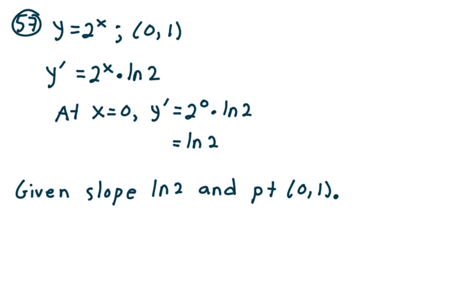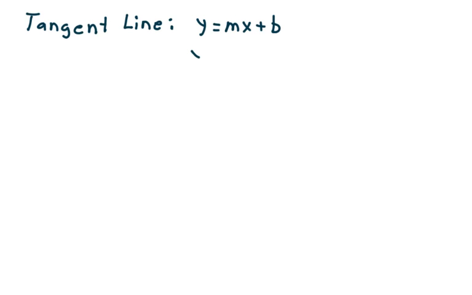And so let's find the tangent line. Because to get the tangent line, you need a slope and a point. Well, we know that y equals mx plus b. M represents the slope, but we know the slope is natural log of 2.